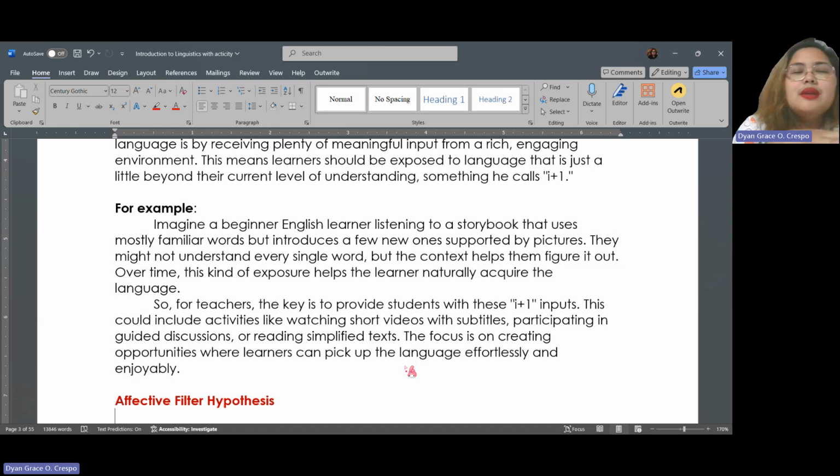Like for example, there's a short story. So as a teacher, for example, I want to teach you something new. In order for me to teach you something new, I need to provide interesting inputs.